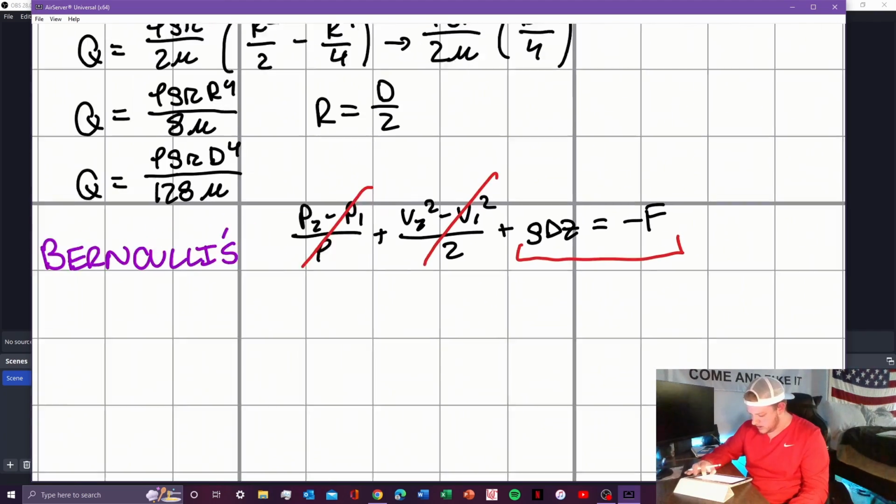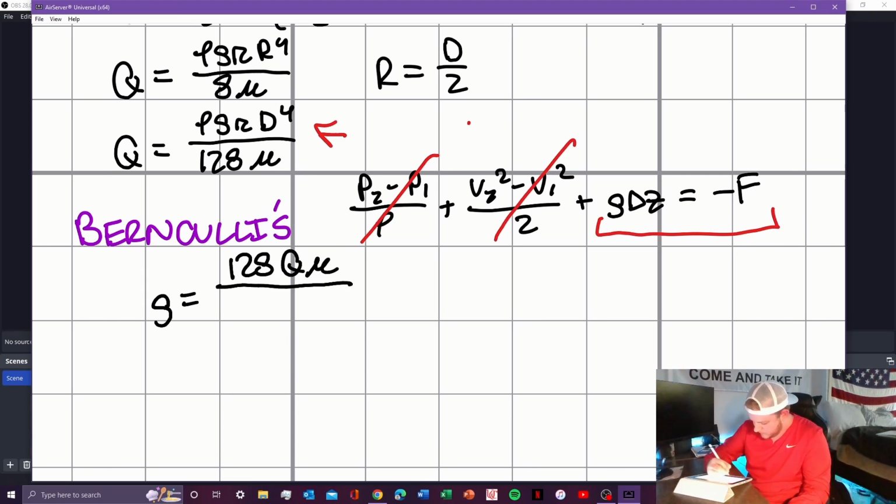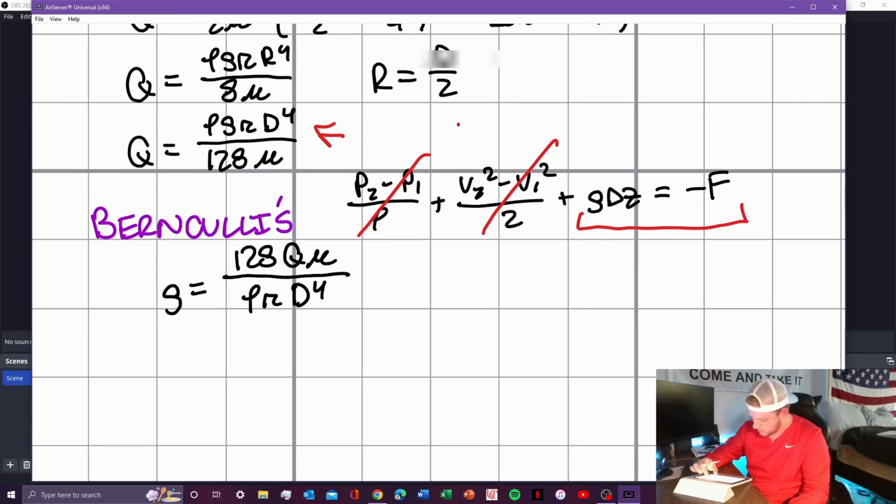We actually can put our flow rate in terms of gravity here. So we'll do that really fast, and then plug it into this equation. So that'll be g is equal to 128 Q times mu over rho pi d to the fourth.